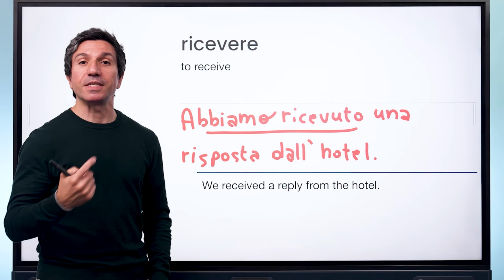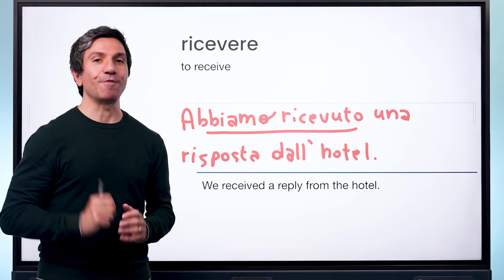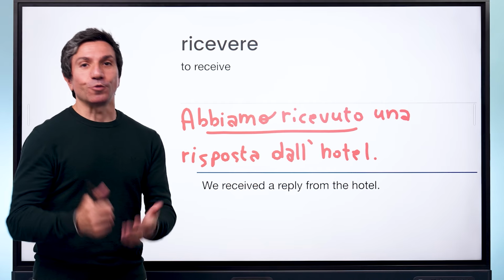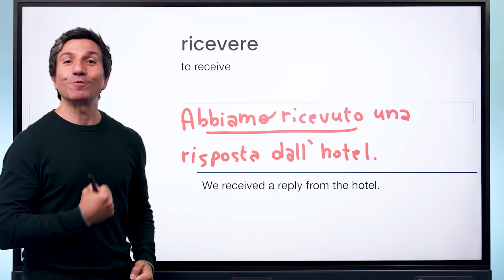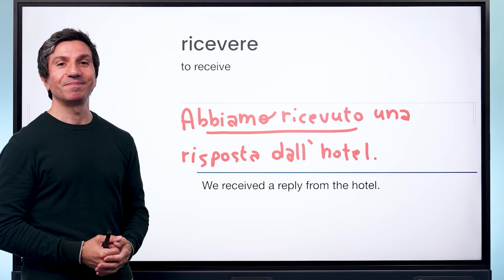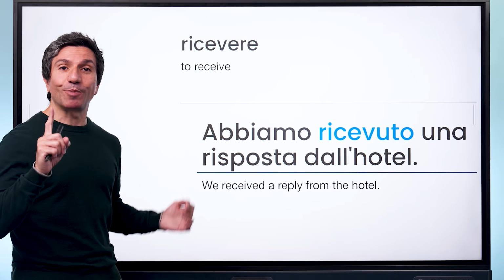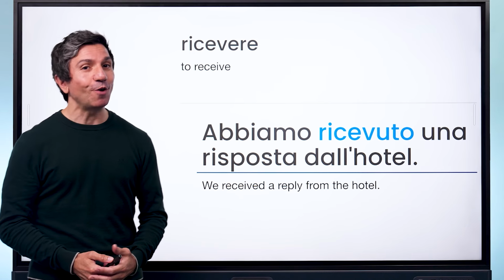Abbiamo ricevuto is used here because ricevere is a regular ere verb, and we use avere plus uto to form the past participle. Abbiamo ricevuto una risposta dall'hotel. We received a reply from the hotel.